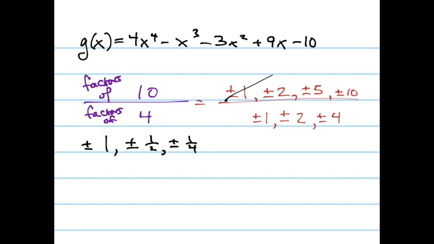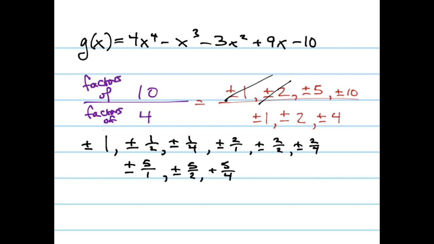Then we have plus or minus 2 over 1, plus or minus 2 over 2, and plus or minus 2 over 4. That takes care of this one. Now we have plus or minus 5 over 1, plus or minus 5 over 2, and plus or minus 5 over 4.